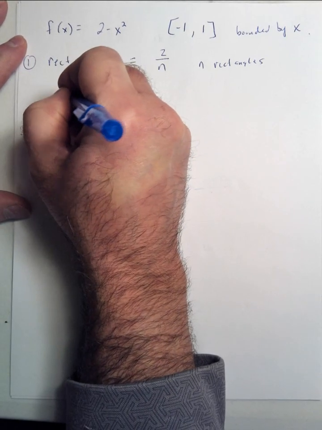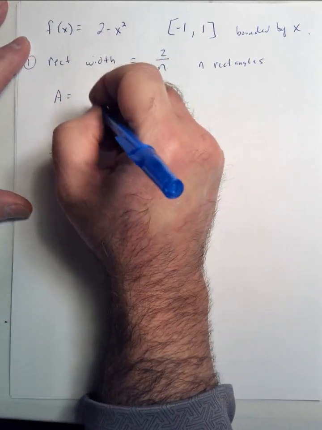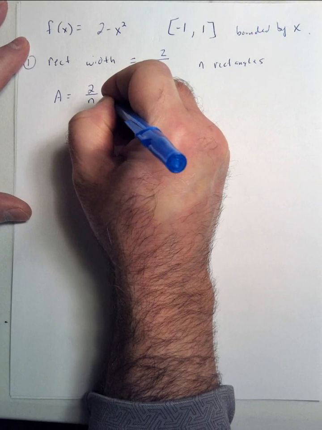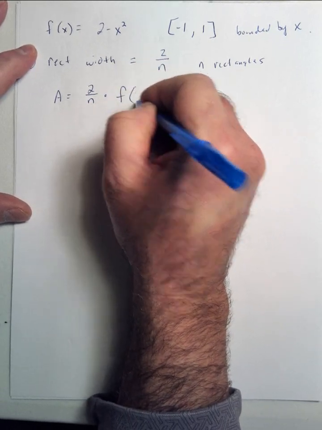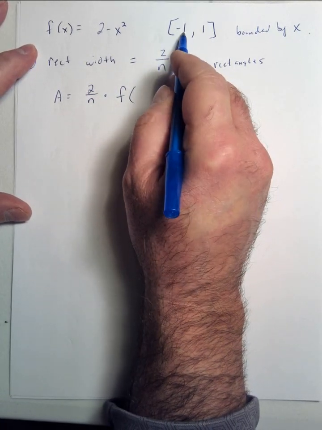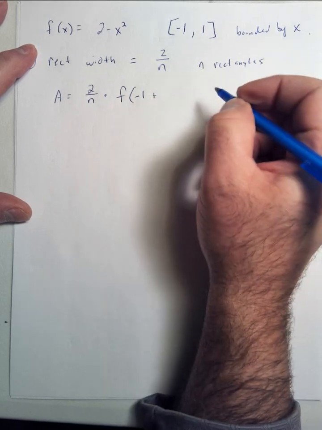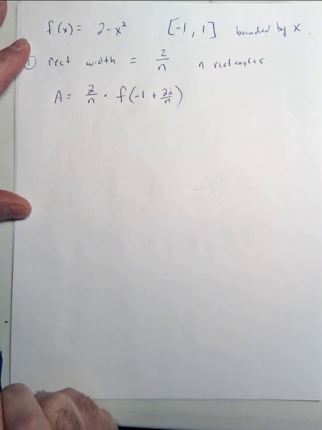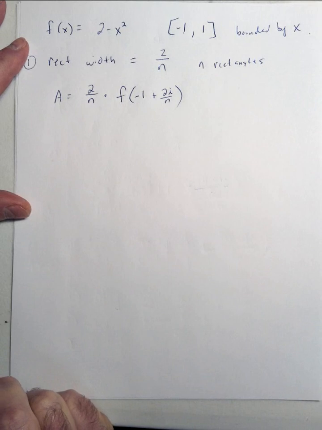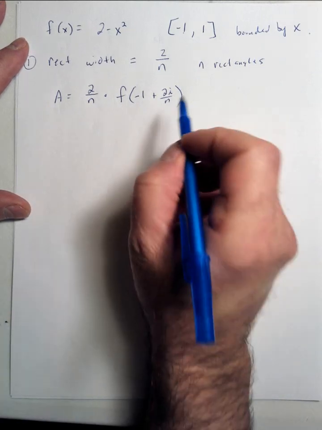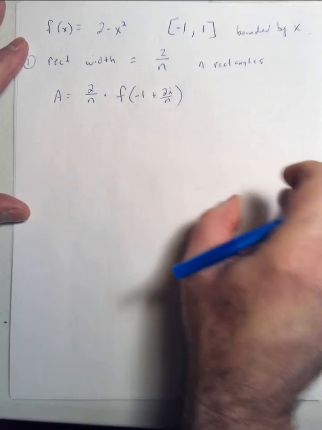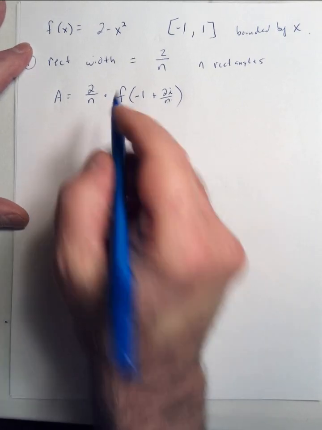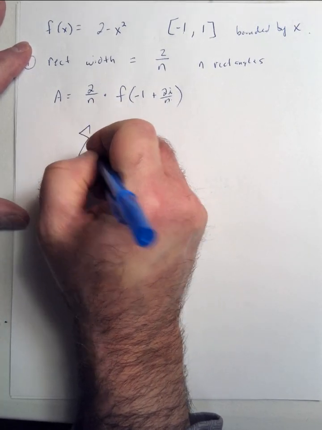So your area then becomes your width, which stays constant, times your height, which is f of your starting point plus iterations of your width. Right? So that's 1 width, 2 width, 3 width as you move along the interval. So then we bring in our summation.